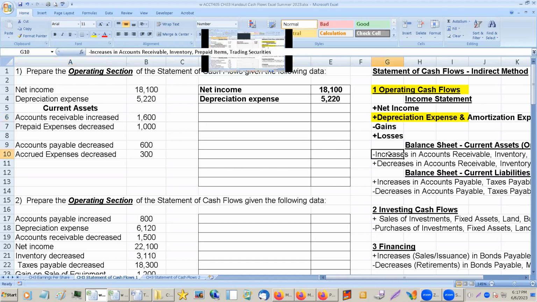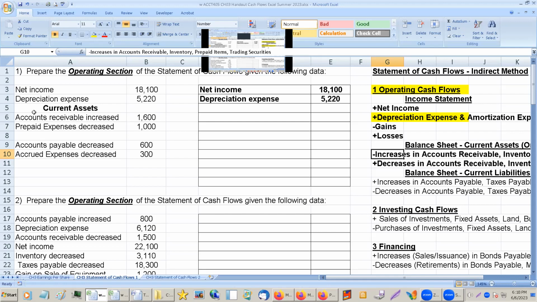Now, this is where it gets a little bit wacky. Increases in assets decrease your cash. They go in the opposite direction. So if you have an asset that increases, that means your cash decreases. Let's take the example of inventory. If you buy inventory, well, what do you buy it with? Well, eventually it's going to come out of cash.